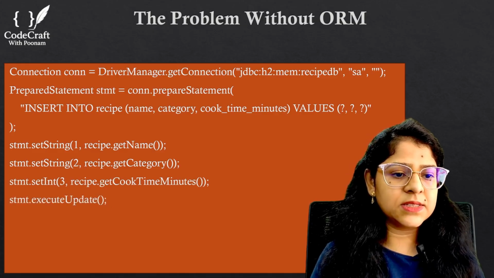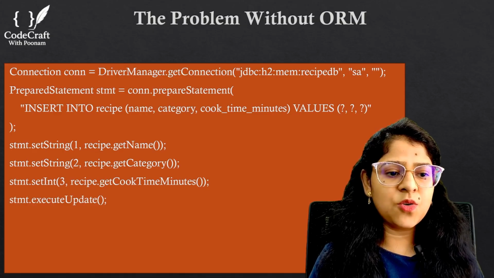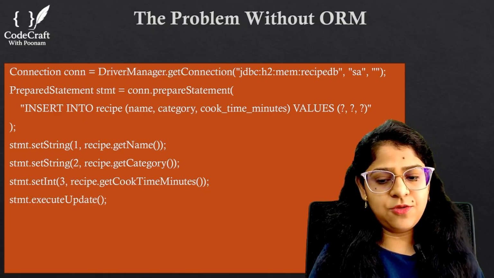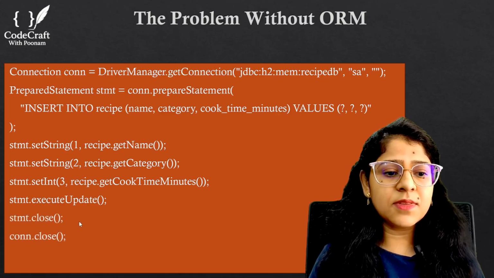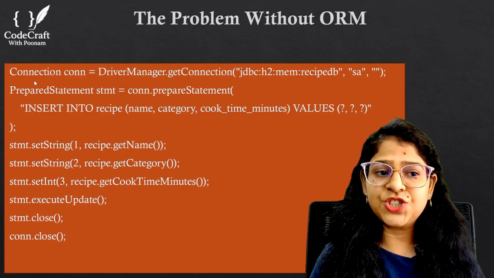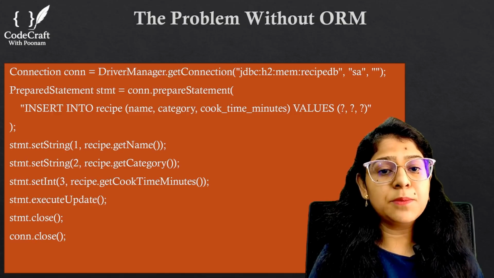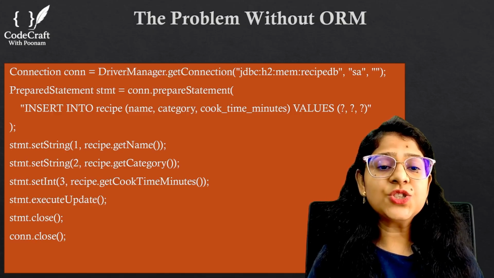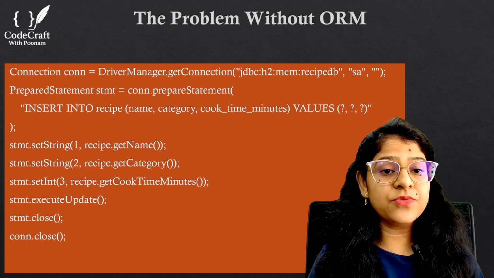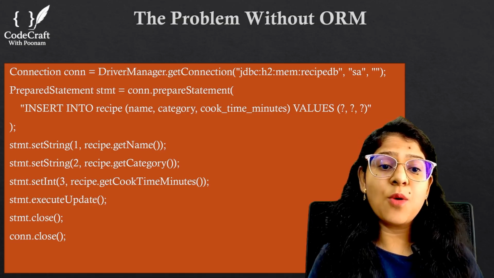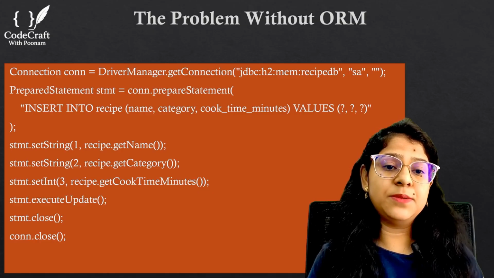After that you need to call statement.executeUpdate, and then you need to close the statement and close the connection as well. So you need to write this many lines of code just to save one object, and this gets much worse for updates, deletes and complex queries. That's the problem with plain JDBC.